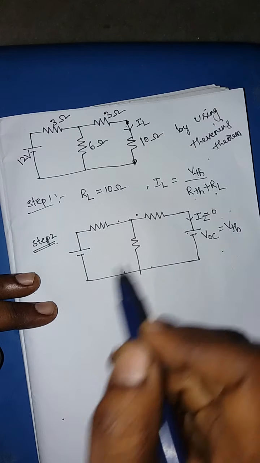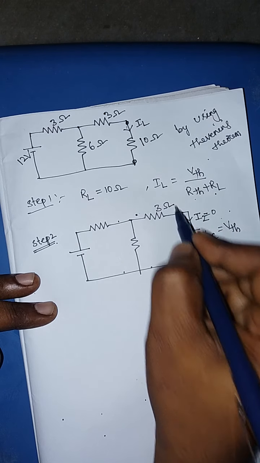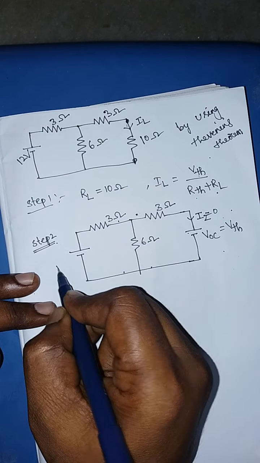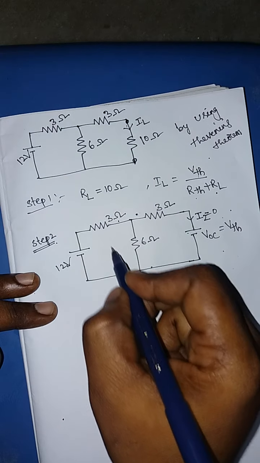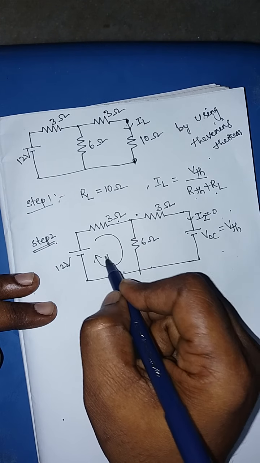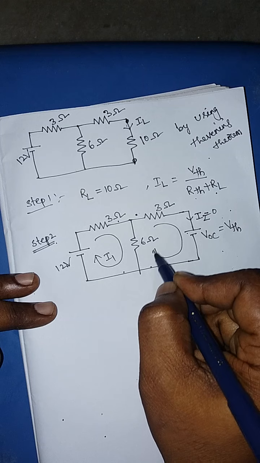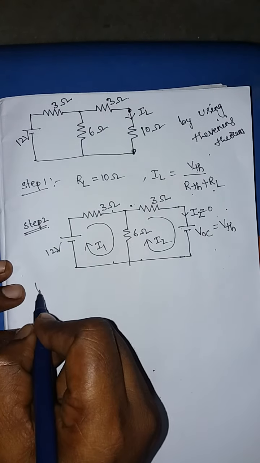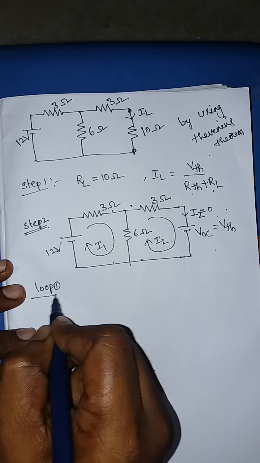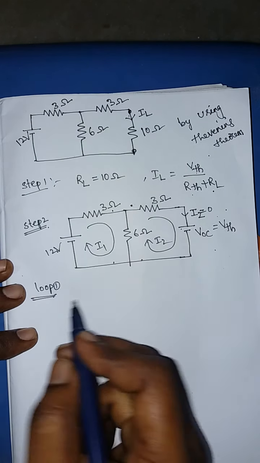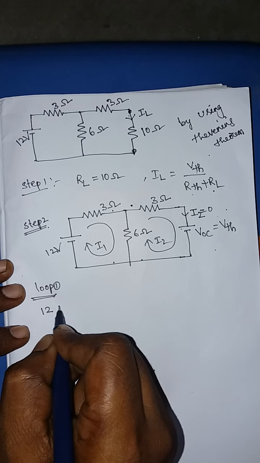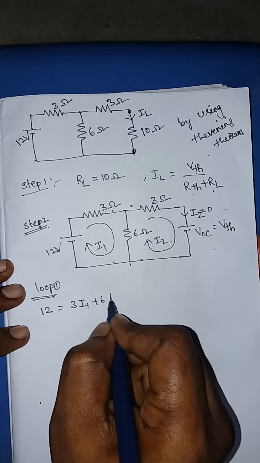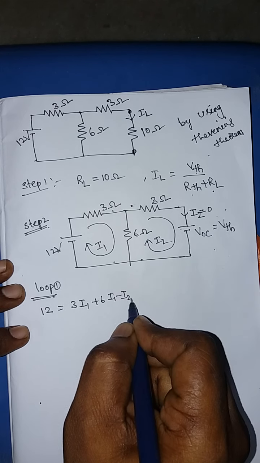Let it be I2. So there is no change in these values: 3 ohms, 6 ohms, and here also 3 ohms. This is 12 volts. Now we apply KVL. This is loop 1, I1, loop 2, I2. Okay. What is the equation for loop 1? Excitation is equal to drop. Excitation in the sense 12 is equal to 3 into I1 plus 6 into (I1 minus I2).